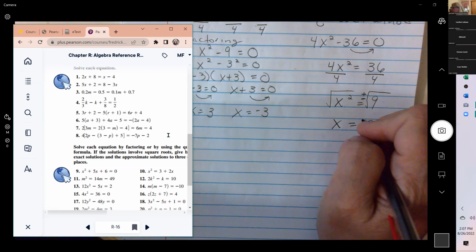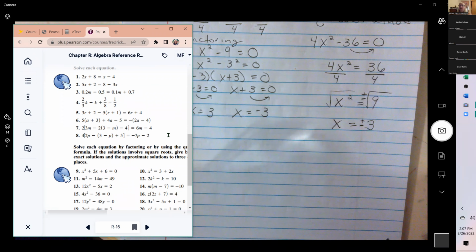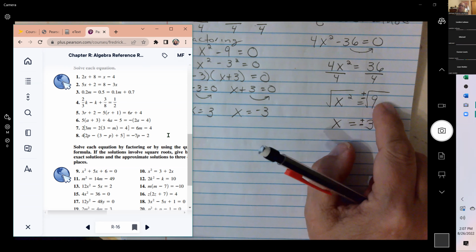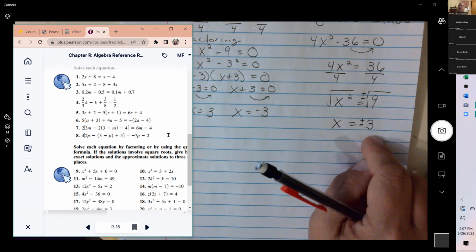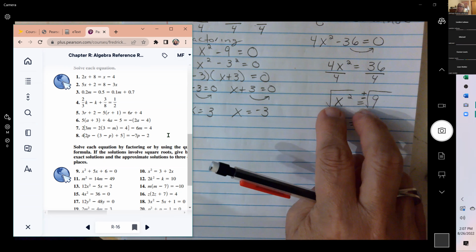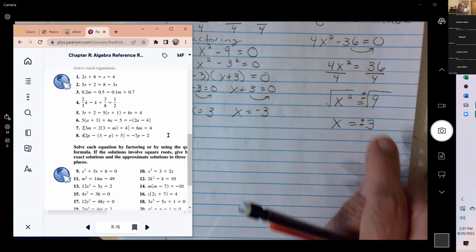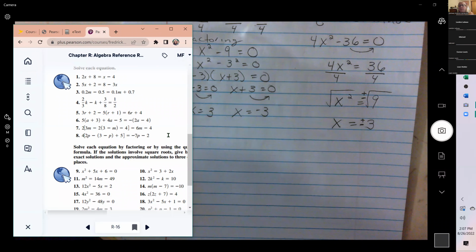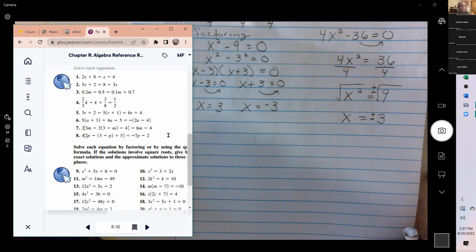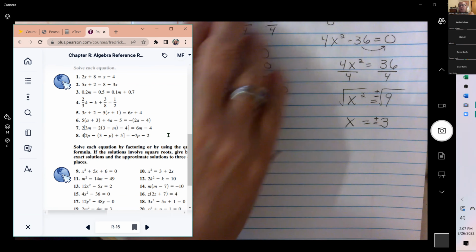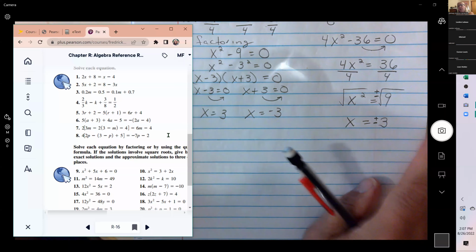So it's positive or negative 3, because positive 3 squared is 9 and negative 3 squared is a positive 9. So if you take an even root to both sides, it leaves a positive and a negative answer. If you're comfortable with just factoring, you don't have to use this method.